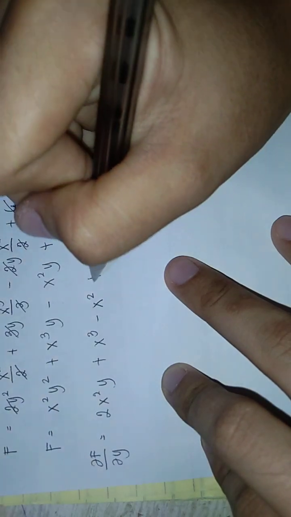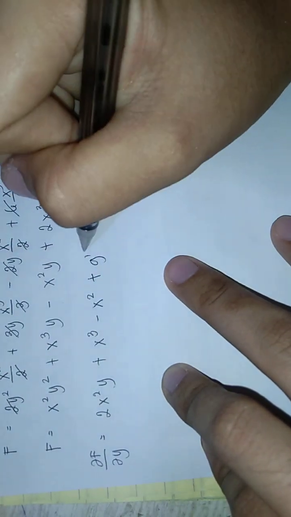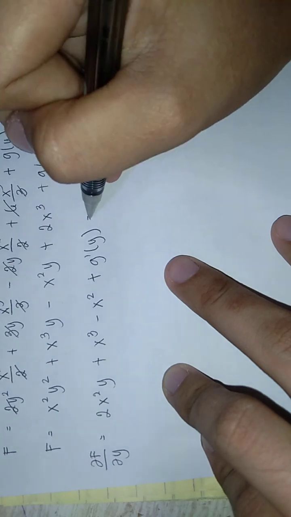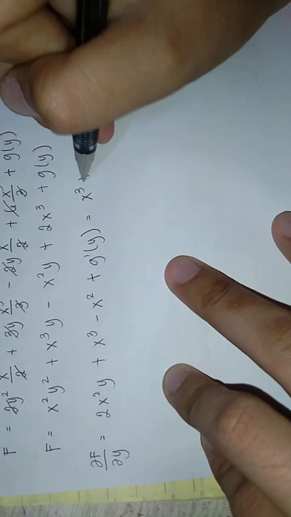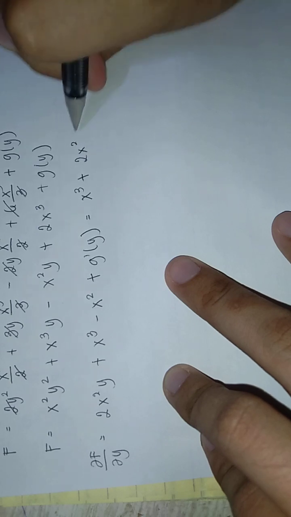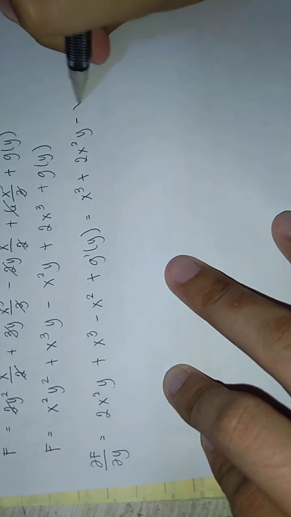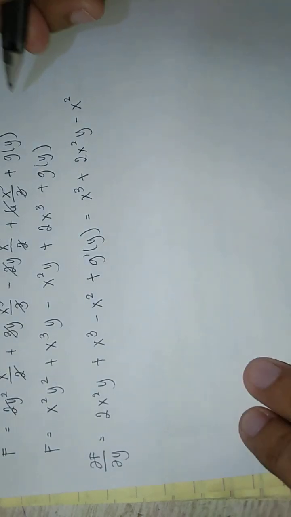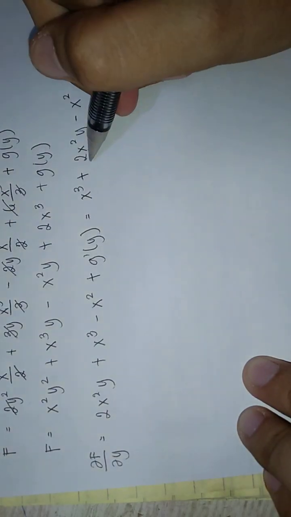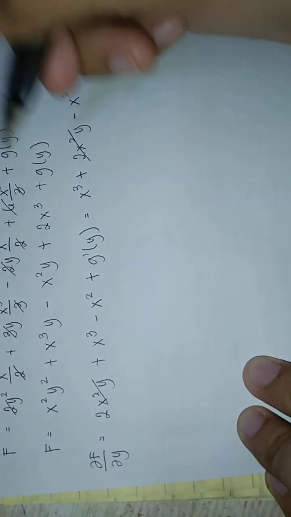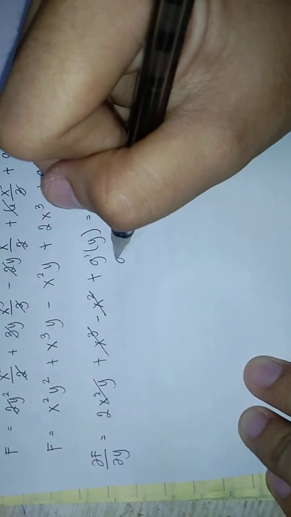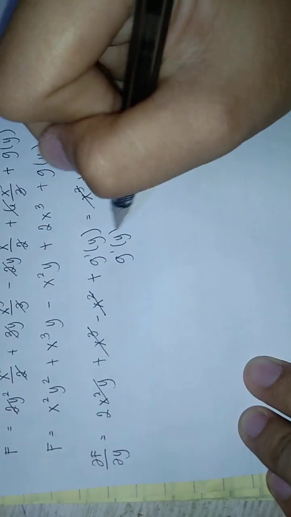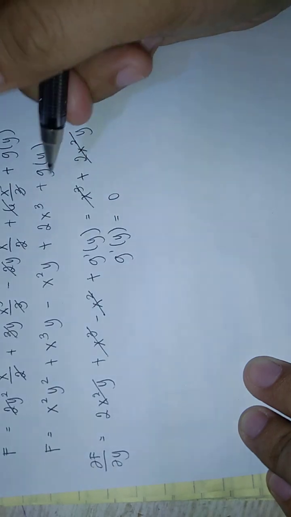And the derivative of g of y is g prime of y, which is equal to our N, which is x cubed plus 2x squared y minus x squared. Then since this can be cancelled out, let's cancel that out. So our g prime of y is 0.